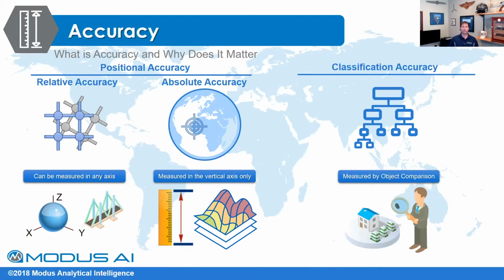Now I put classification accuracy on here because that's the next step, and with that, it's just a reference point. If your relative and your absolute accuracy is off, your classification accuracy is going to go. The better your data comes out from a geospatial point of view, the better classification accuracy you're going to have, because of the algorithms you're going to be running.